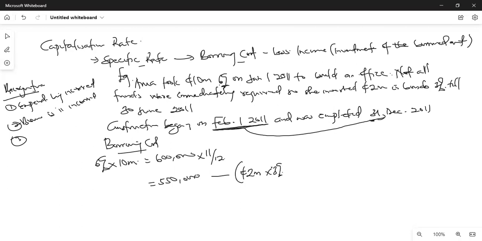Again, we need to check the timing of the investment. They told us that the investment started from here and it ended in June. So we have 6 months for the 3% rate. If we do that, then when we less it off, we should have 550 here, and we should be deducting 30,000 from this.